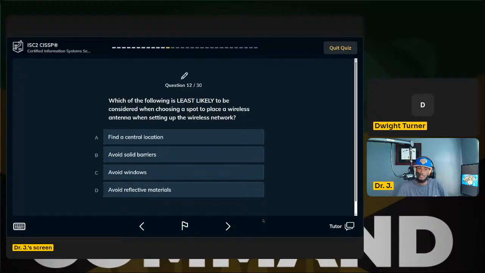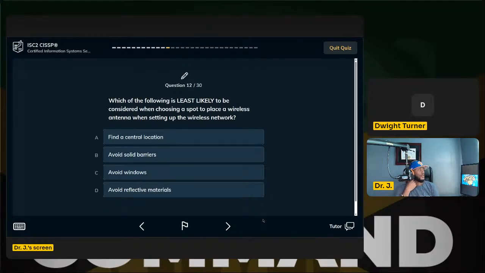Well, you want a central location, that's good. I'm looking at Bravo. Avoid windows. I don't think that should be a problem. The only thing I'm concerned with is Delta, but I think that seems like a distractor to me.